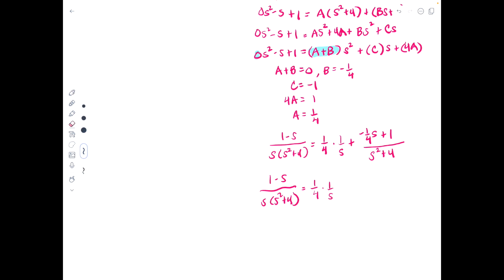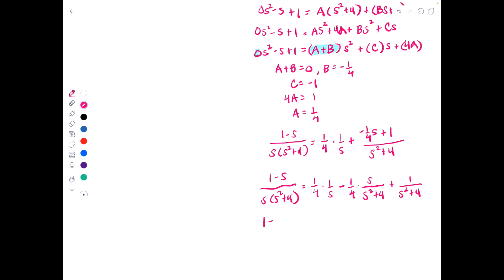That's just going to be a 1. And then we will have minus 1/4 times S over S squared plus 4, and then plus 1 over S squared plus 4.